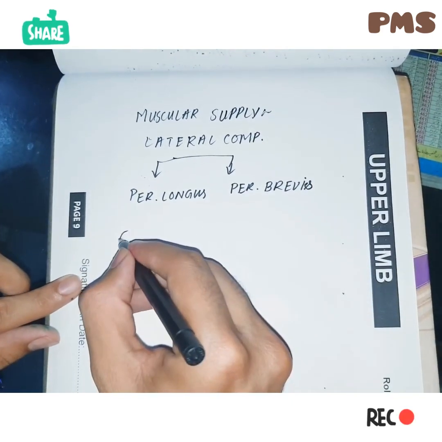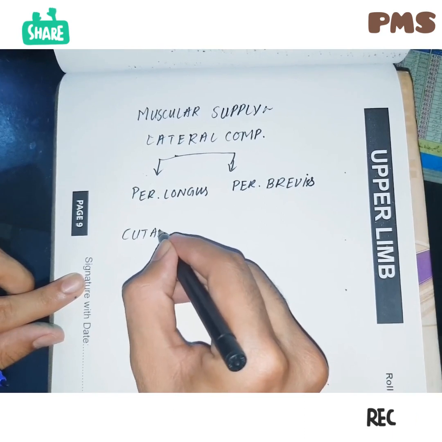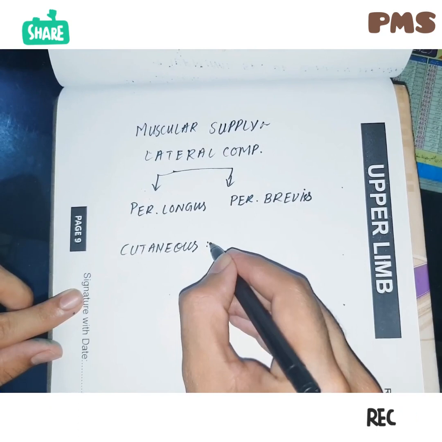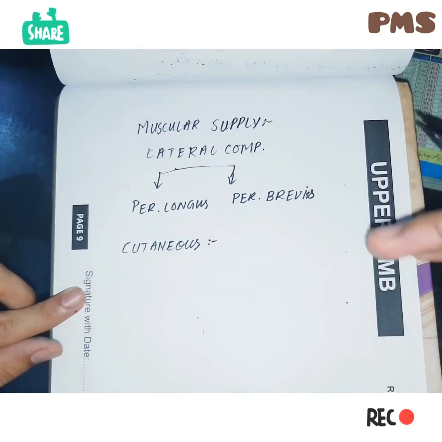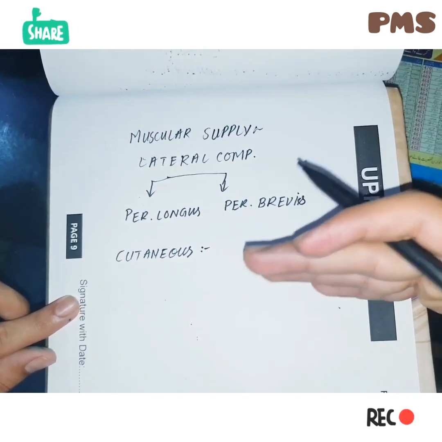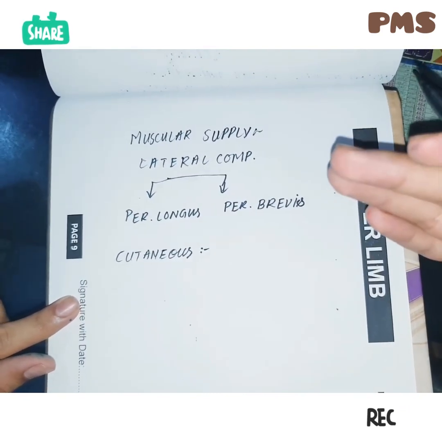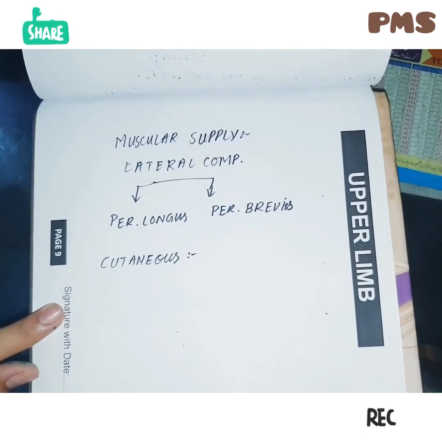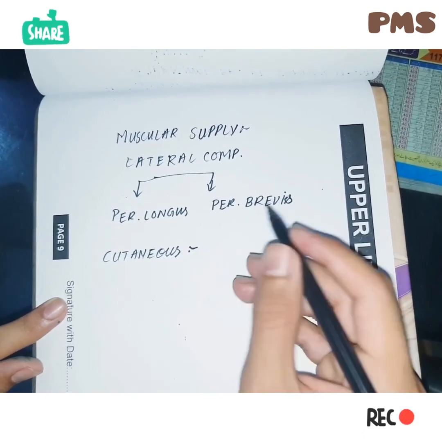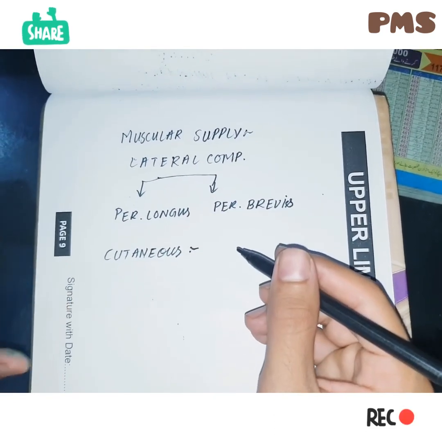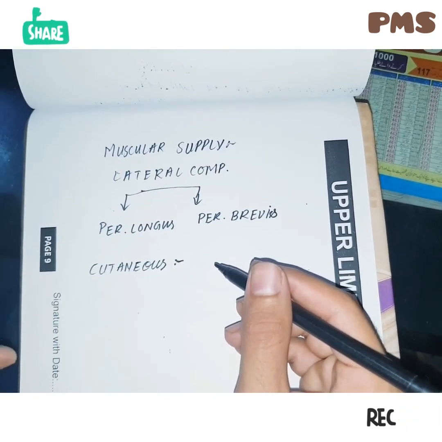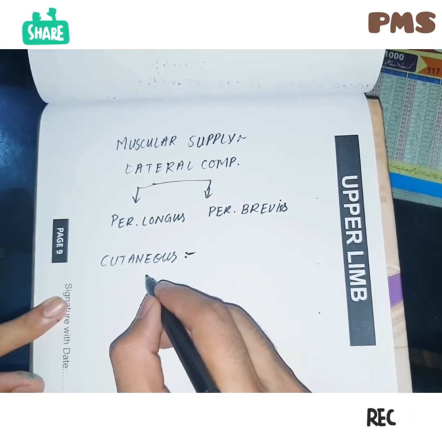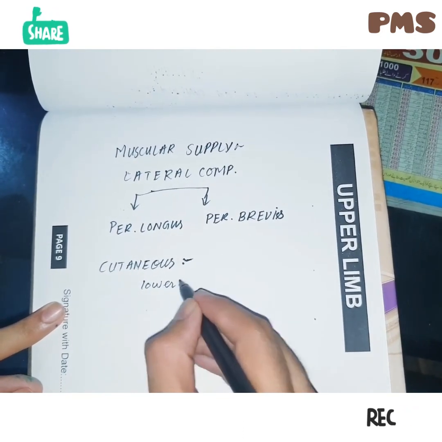Cutaneous innervation. As at the junction of the middle one third and lower one third, it pierces the deep fascia and becomes cutaneous. So it supplies the lateral side of the lower third of the leg, and most of the dorsum of the foot, which I have explained earlier.